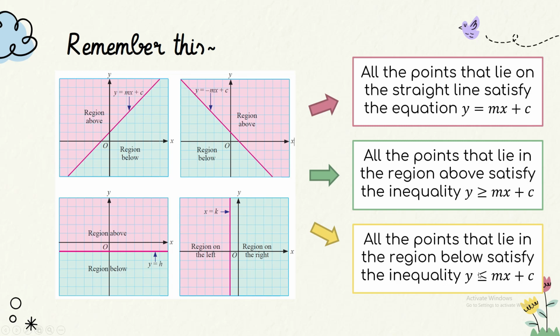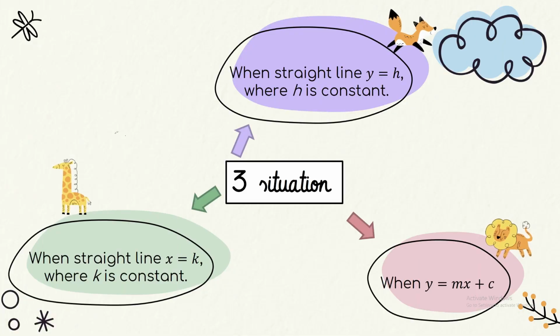For this one, the region on the left satisfies the inequality y lower than or equal to mx plus c. There are three main situations that we will talk about after this.